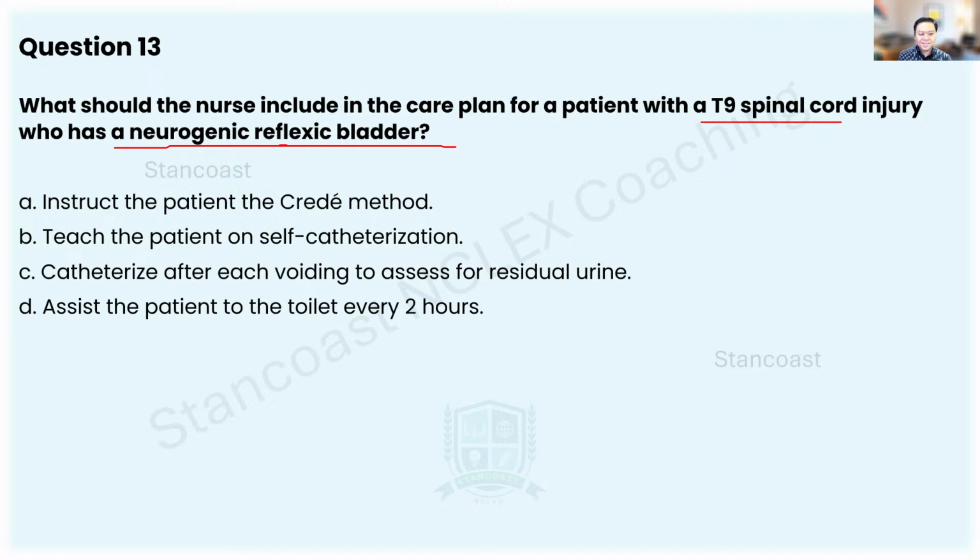What would be the best answer? If they have the T9 spinal cord injury, the correct answer here is letter B. Let me explain. The intermittent self-catheterization is going to be helpful in managing the spastic bladder by regularly emptying it in order to prevent incontinence.